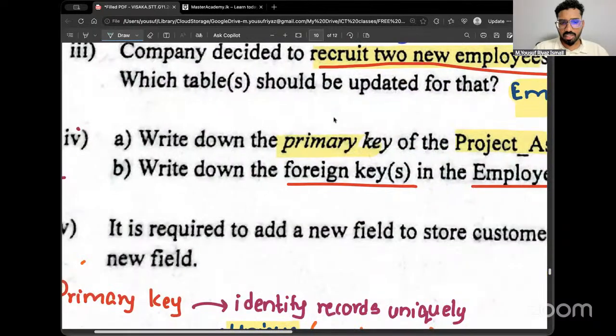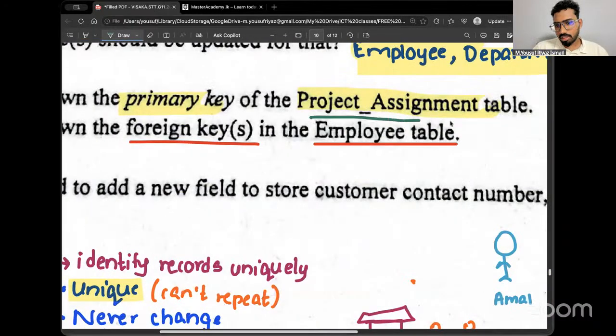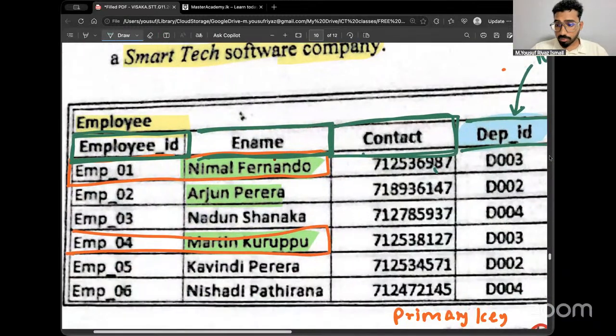In the question, what are they asking? Foreign keys where? Ah, so focus on employee table. You asked whether ename can be a primary key. I did not ask whether ename is a primary key. I asked, is ename a primary key in another table?